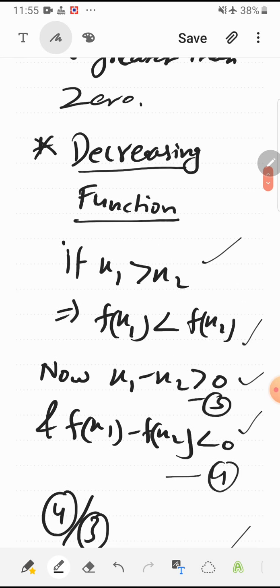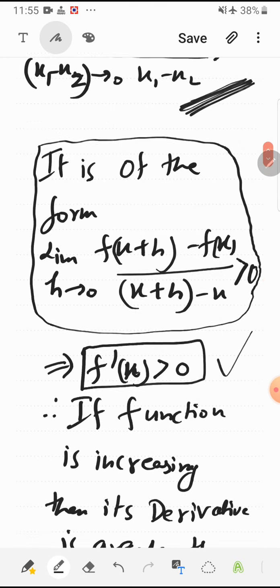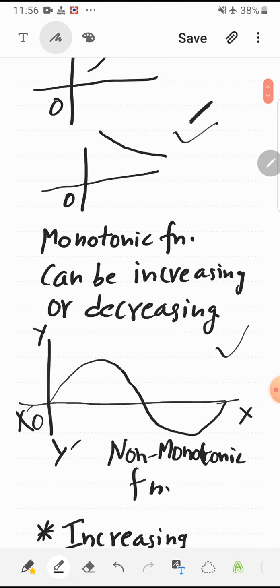Now whether a function is increasing or decreasing depends on the kind of function. So we can't say a function is non-monotonic forever. Sometimes it depends upon the interval also, as this is the graph of sin x. Now I know that overall sin x is a non-monotonic function because it shows different trends.